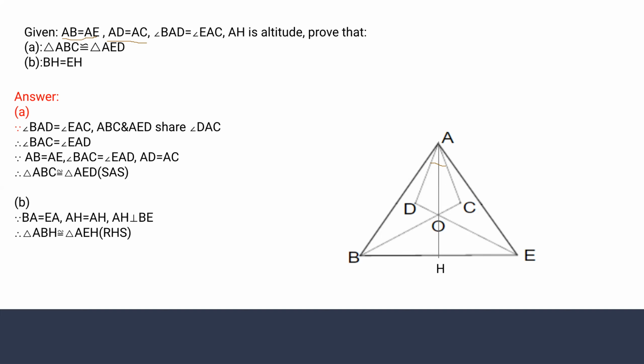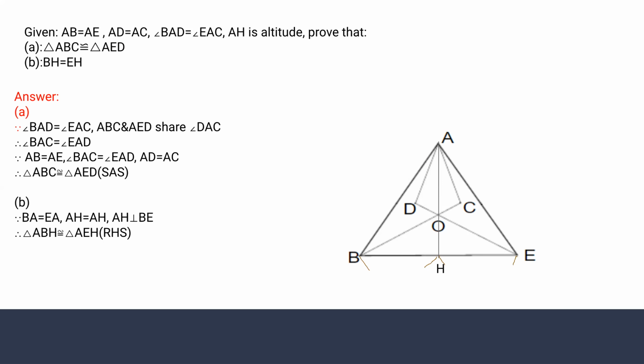So for proving BH and HE equal, actually there are 2 ways to prove it. Because AB equals AE, this is an isosceles triangle.